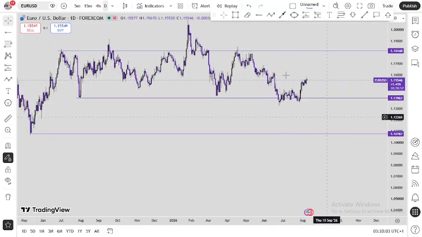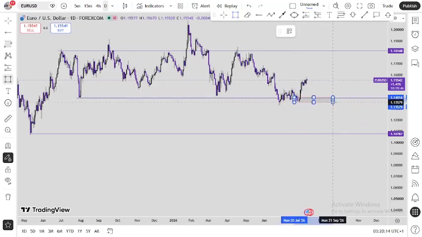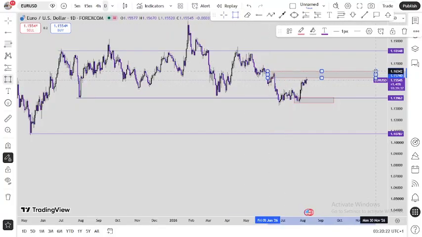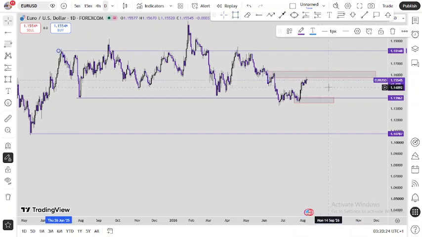So on Euro USD we're seeing this. On Euro USD I would mark out this area of demand here, and then this area of supply, sorry, this area of supply.